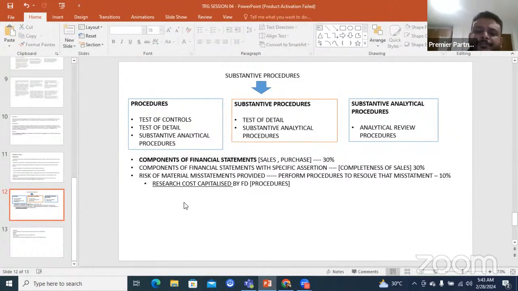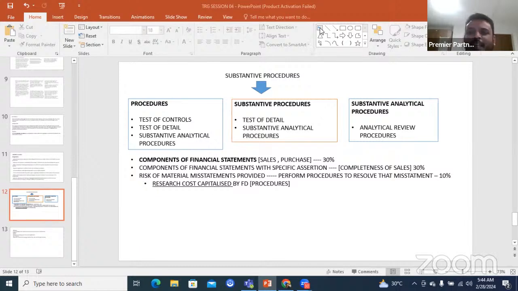In recent past papers, the examiner is asking this type of case study also. Did you get an idea how it can be tested? So you can practice these three types of substantive procedure questions. The first type, you can learn by heart. The second one, you need to practice more questions.